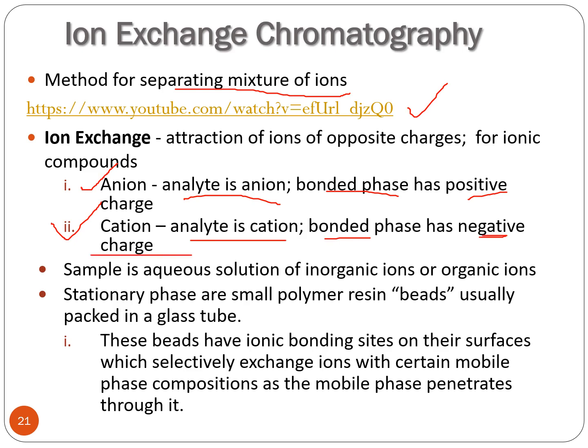Okay, sampel ni biasanya aqueous solution of inorganic ions or organic ion. The stationary phase are small polymer resin bead usually packed in a glass tube. Okay, so this bead ni have ionic bonding site on their surface which selectively exchange ion with certain mobile phase composition as the mobile phase penetrates through it.